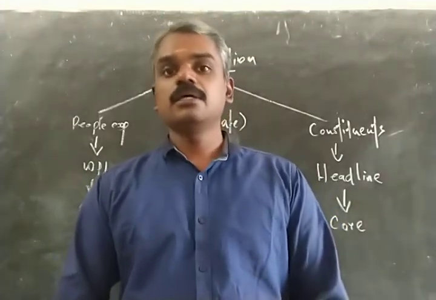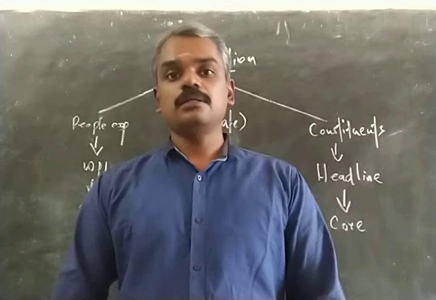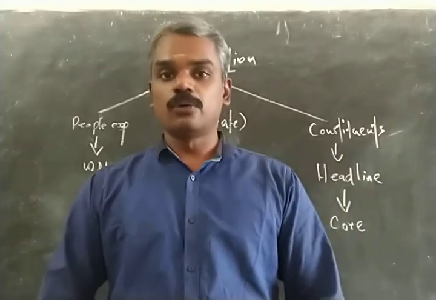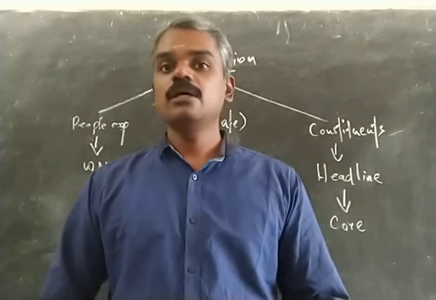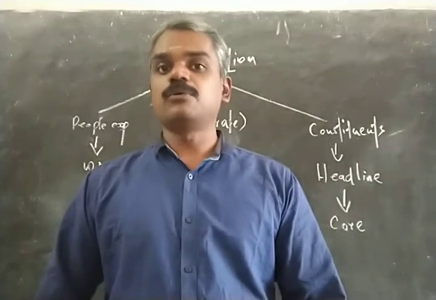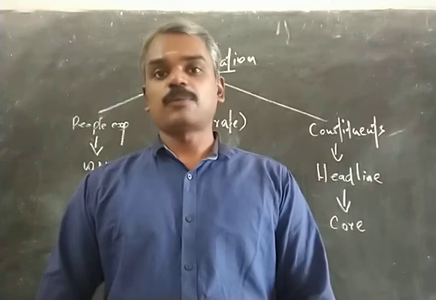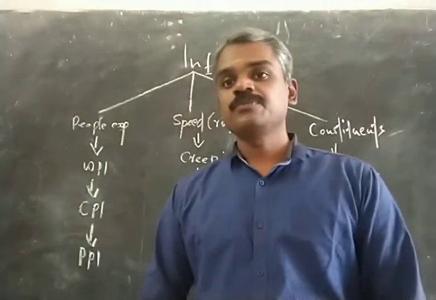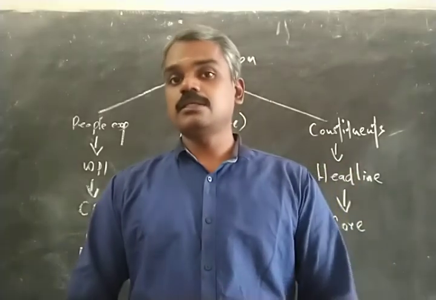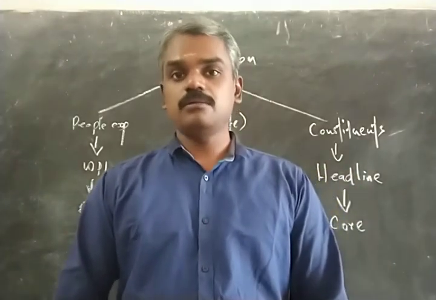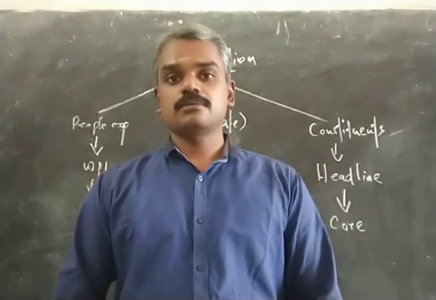Output inflation means the prices that producers are producing and selling out to the wholesalers, and input inflation means the inflation that is experienced by producers when they are buying inputs to be used in the production process. Okay, so these are the types of inflation. These are the types into which inflation has been divided based on different categories. Okay, thank you.